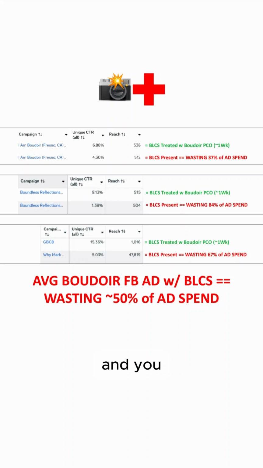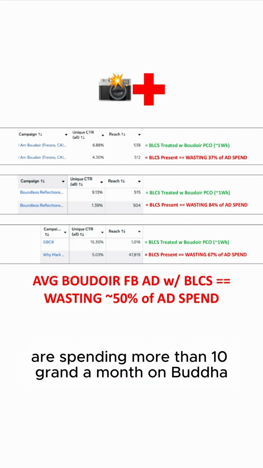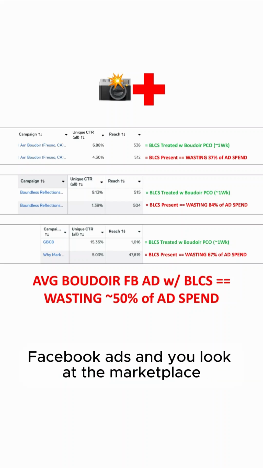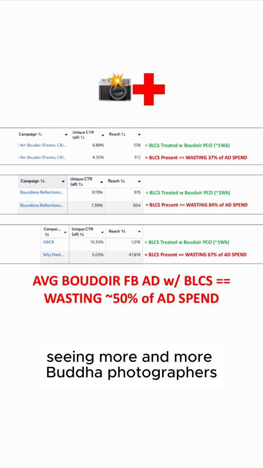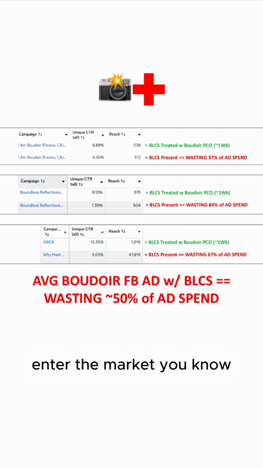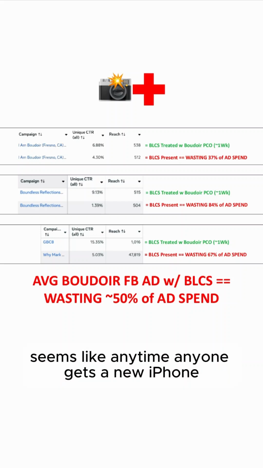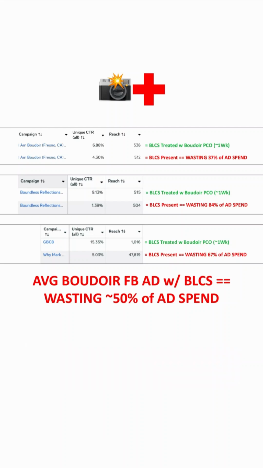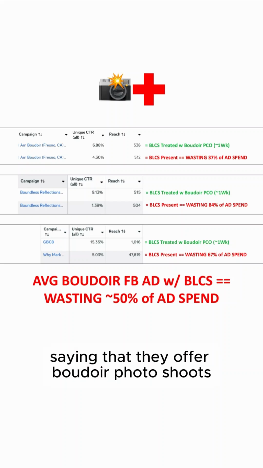And you are spending more than 10 grand a month on boudoir Facebook ads, and you're looking into the marketplace, seeing more and more boudoir photographers enter the market, seemingly every day. Seems like anytime anyone gets a new iPhone, they're throwing up a Google My Business profile saying that they offer boudoir photo shoots.